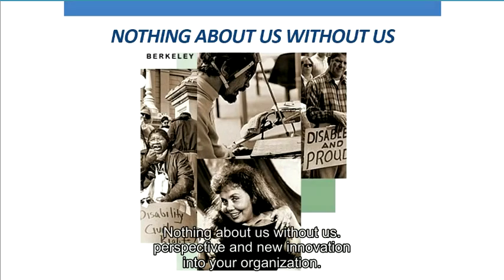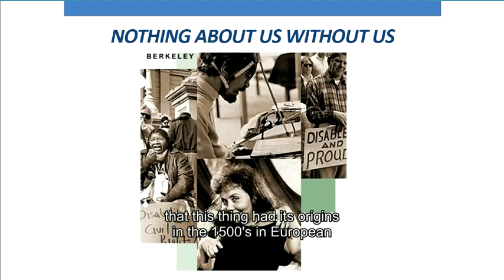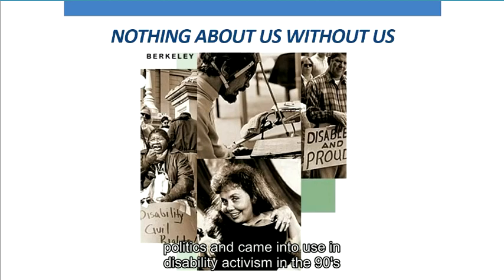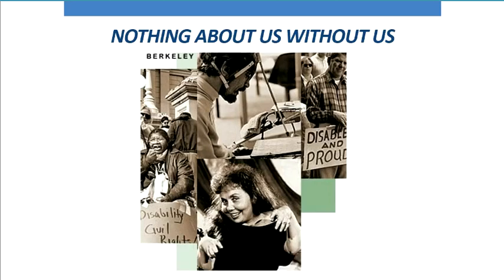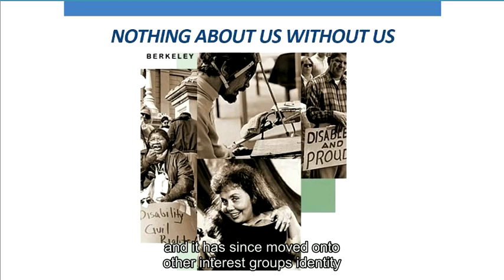Nothing about us without us. I did a little research on this and was super surprised to find out that this saying actually had its origins in the 1500s in European politics. It came into use in disability activism in the 90s, and it has since moved on to other interest groups, identity politics and movements, as well as the disability movement.